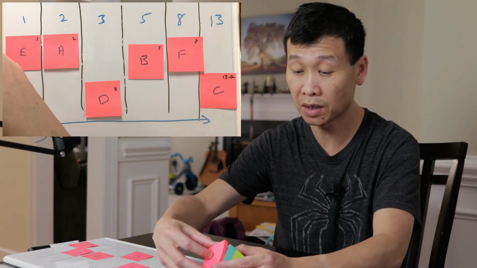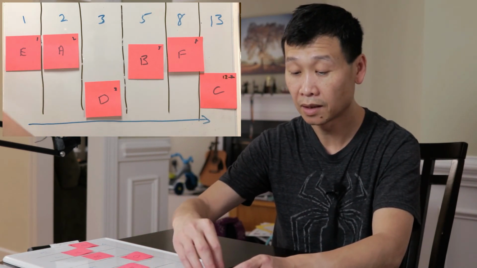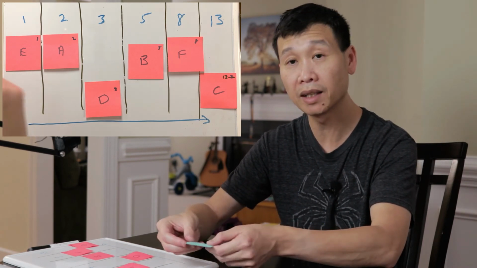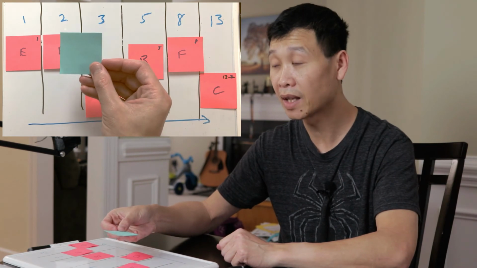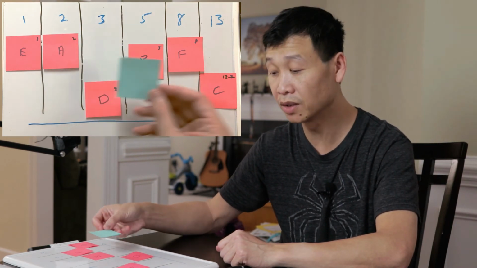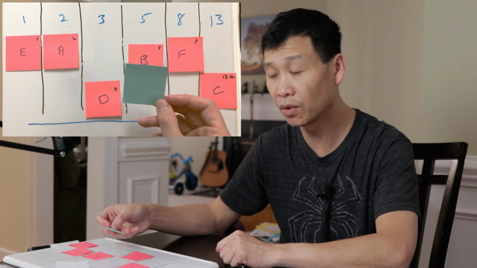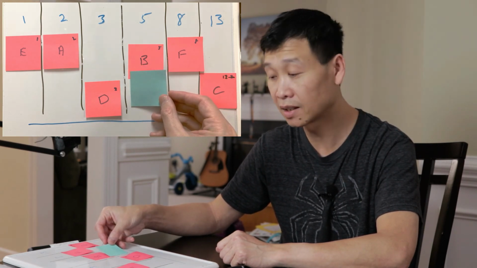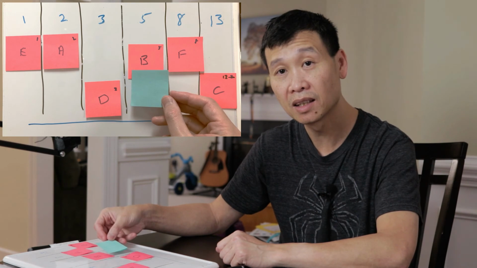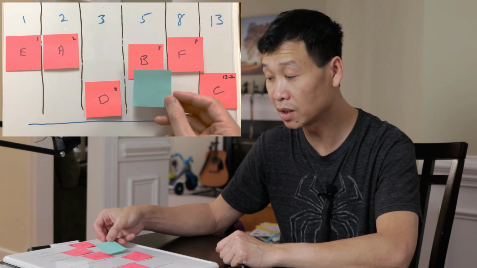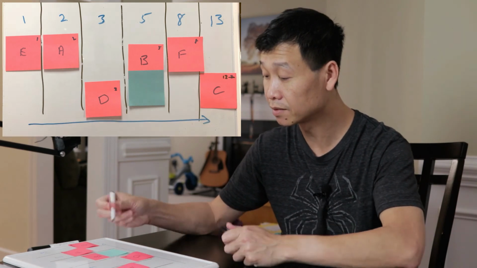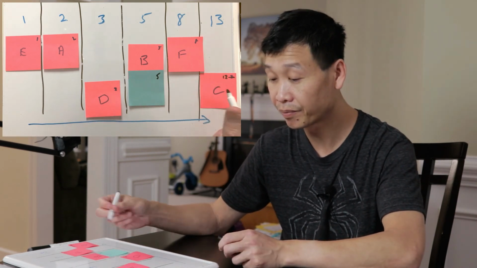So assuming the next time you have a new story that comes into play, use that story and have the conversation of where does this fall compared to what we did before. I think it feels like a 5. It feels like a B. It's similar to what we did before, so it probably is a 5. So put it there. Make that a 5.